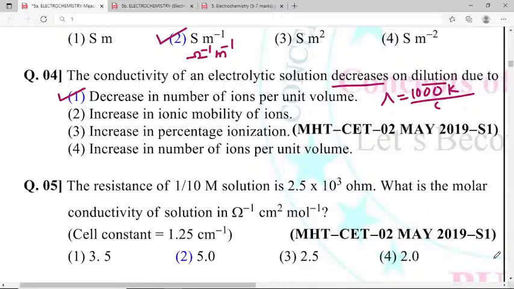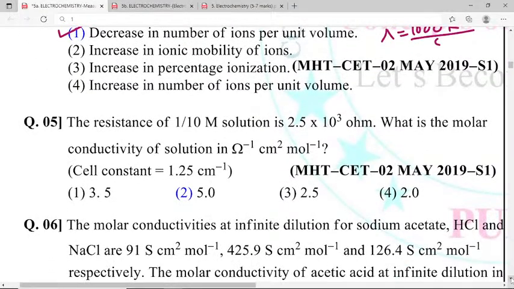The resistance of a 0.1 molar solution is given as R. What is the molar conductivity? That is the lambda we have to calculate. Cell constant is also given.